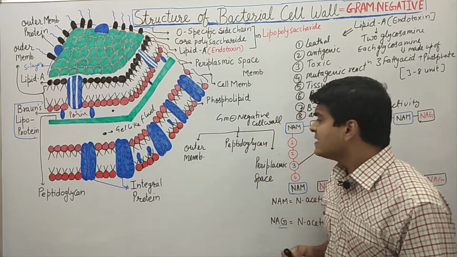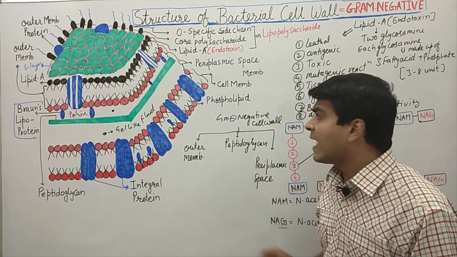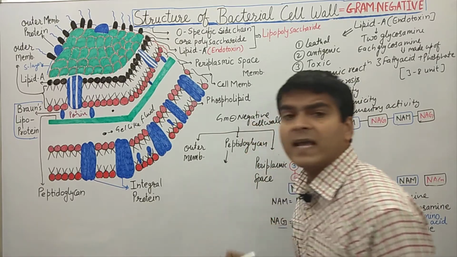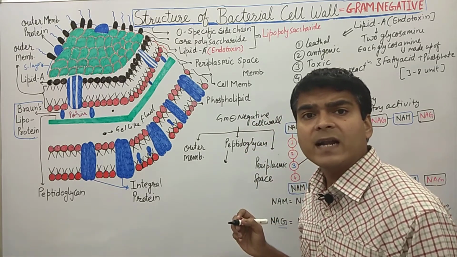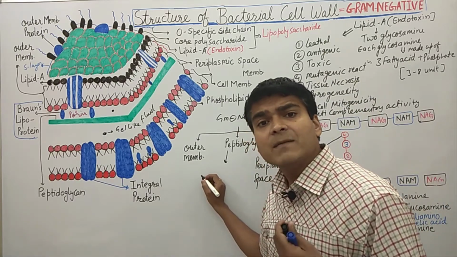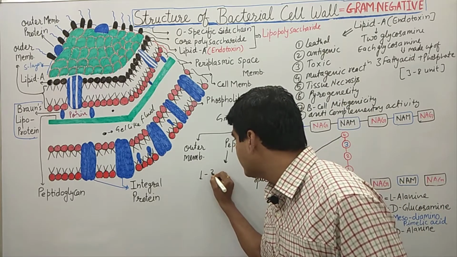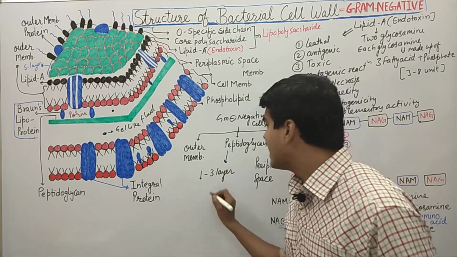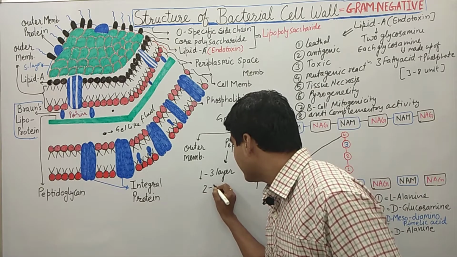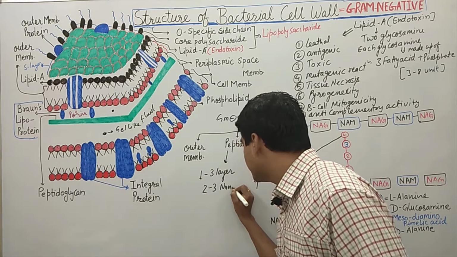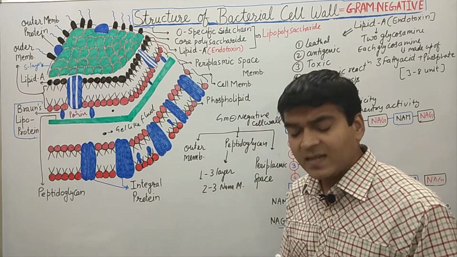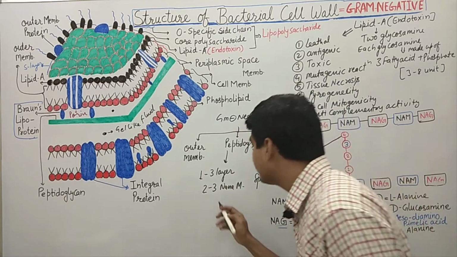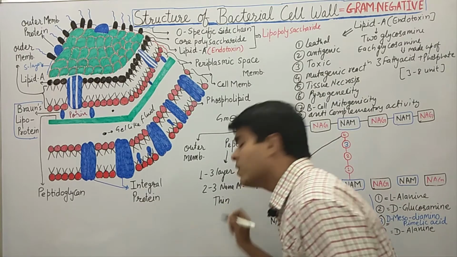Now looking at the second component, that is the peptidoglycan. How much peptidoglycan layer is in gram negative bacteria? In gram negative bacteria the peptidoglycan layer is only one to three layers, and the thickness of this layer is very small, about 2 to 3 nanometers. So the layer is very thin in comparison to gram positive bacteria.